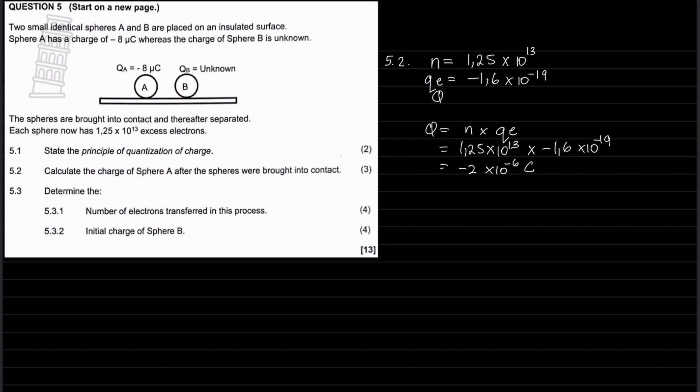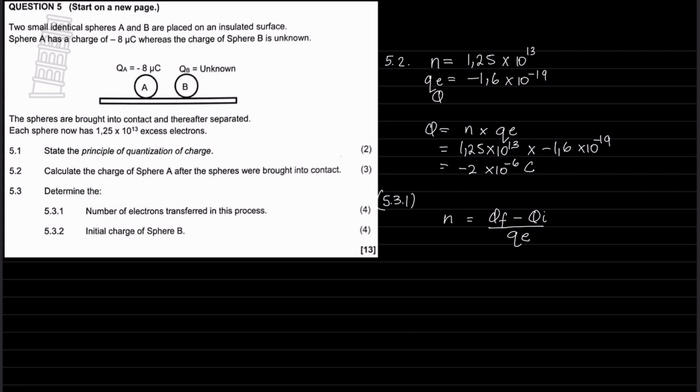Question 5.3. Determine the number of electrons transferred in this process. So to calculate the number of electrons transferred in the process, there is a useful formula that we can use. And that formula is N, representing the number of electrons, is equal to Q final minus Q initial divided by QE.